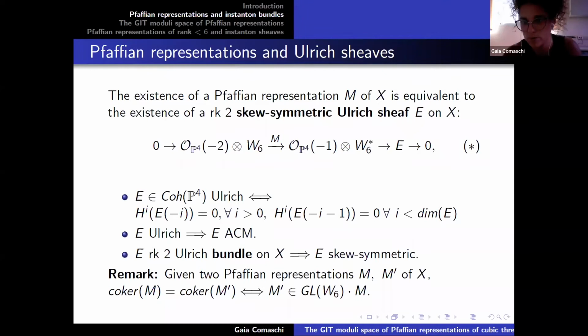So from the shape of the resolution, we can deduce that the shape of the resolution might be rephrased by the vanishing of these cohomology groups, so that in particular we see that our sheaf does not have intermediate cohomology, so it will be arithmetically Cohen-Macaulay. We can also observe that whenever the sheaf is locally free, it is always possible to make its resolution in P4 self-dual.